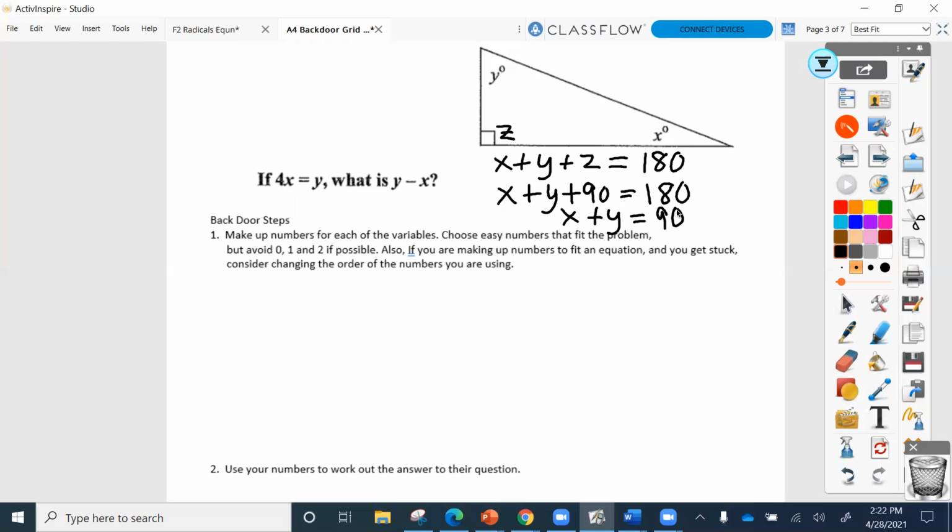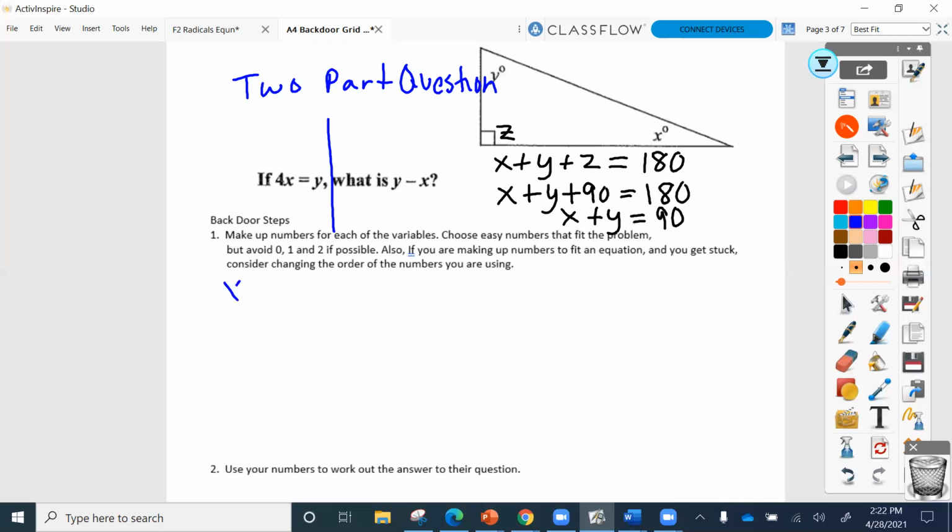Okay, so the question is, if 4x equals y, what is y minus x? So here's a two-part question, right? So first thing you have to do is find out what x and y are before you do this. So this is a two-part question. All right, so we're going to find out what x and y are.